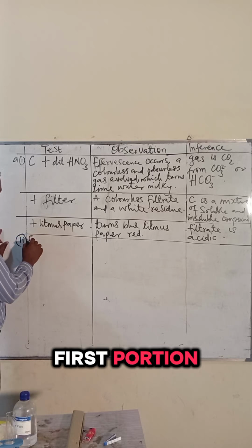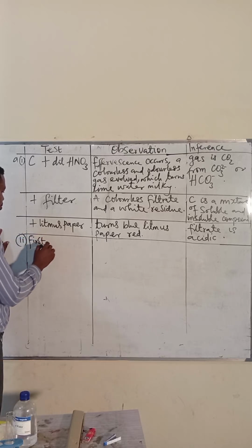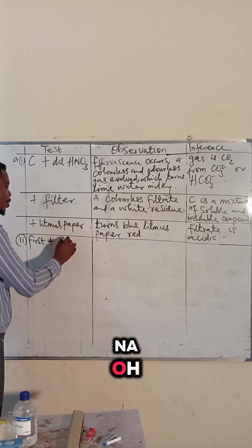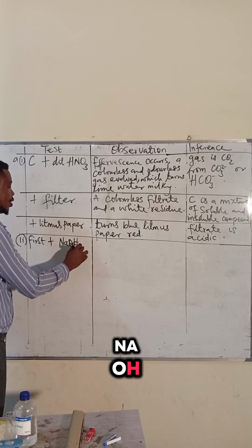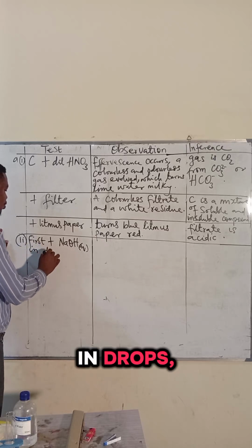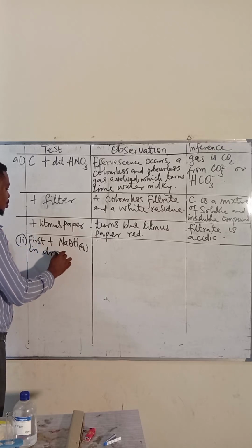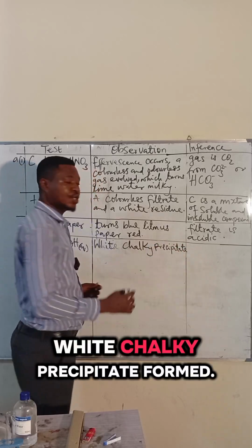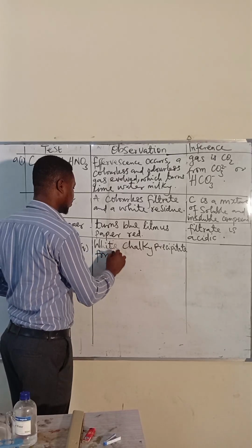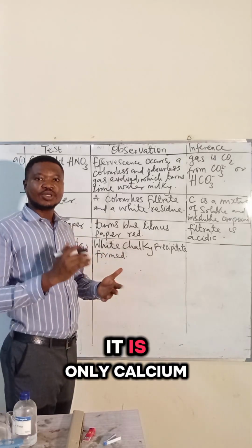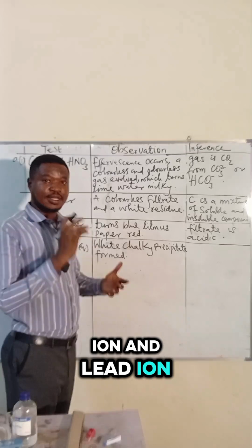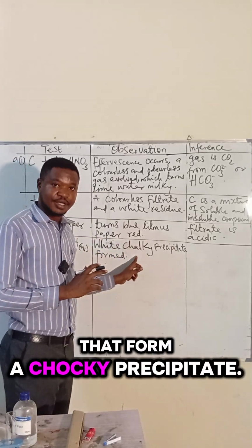First portion plus NaOH aqueous in drops, white chalky precipitate formed. It is only calcium 2 ion and lead 2 ion that form chalky precipitate.